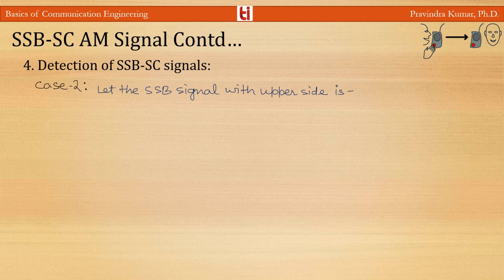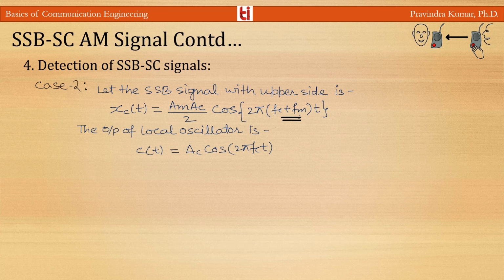Just like the previous case, if we have the upper sideband, the modulated signal is A_m A_c by 2 cos 2 pi (f_c plus f_m) t, and the output of the local oscillator is A_c cos 2 pi f_c t.